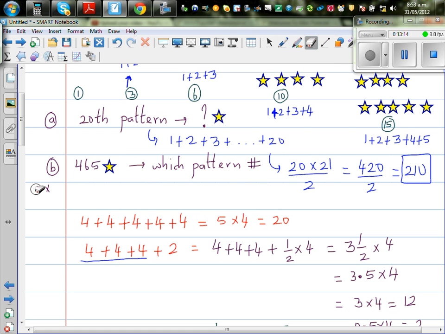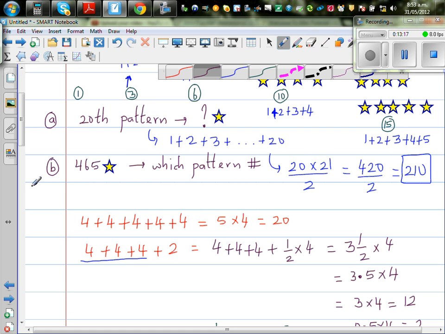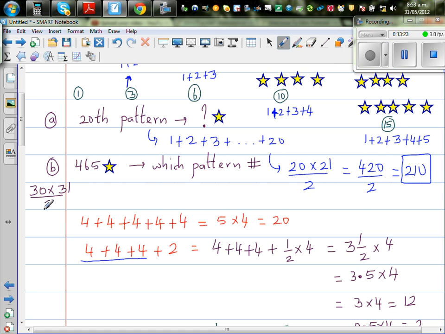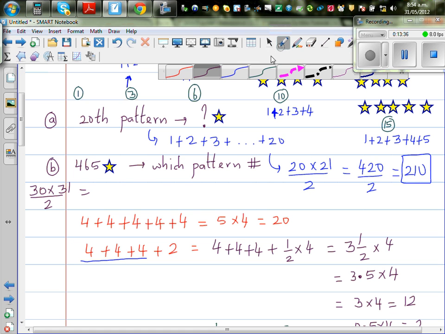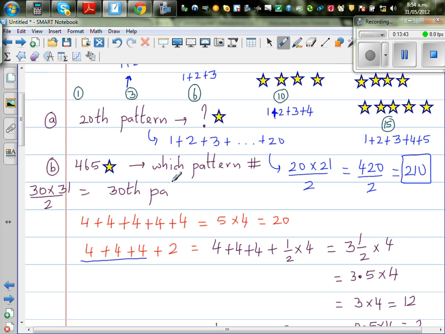So let's go 30 times 31. 30 times 31 divided by 2 may be the answer. I don't know, so I may have to use a calculator. 30 times 31 divided by 2 is 465. So it is the 30th pattern. The 30th pattern would have 465 stars.